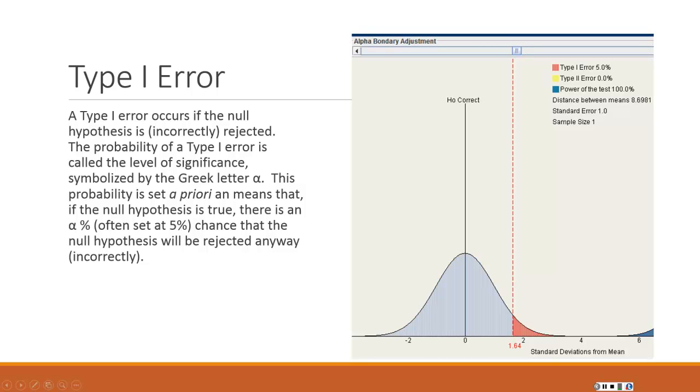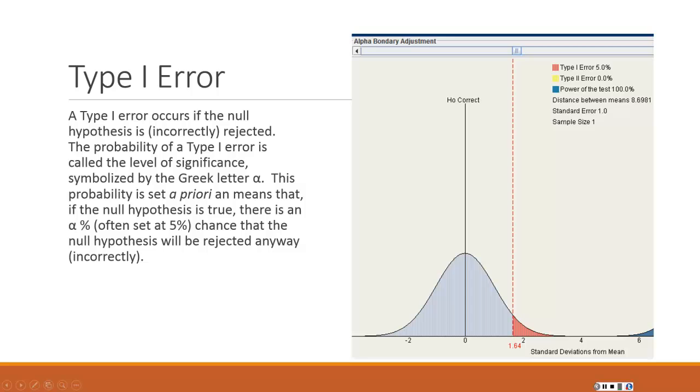Of course, if we get anywhere in here in the blue area, we would fail to reject H0, assume that H0 could be true, and this would be the probability that we would make that correct decision. Over here you can see this is the H1 distribution.